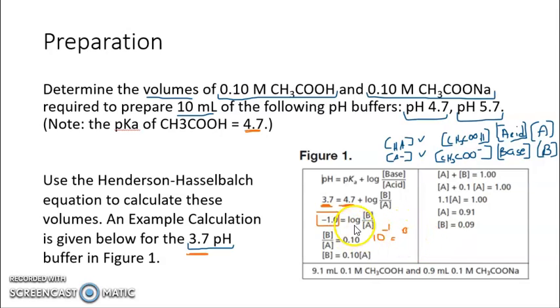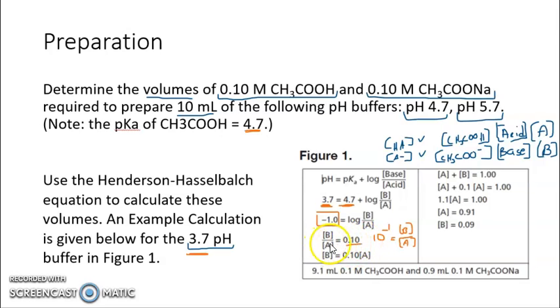the inverse log, so that gets rid of the log term, so concentration of the base over concentration of the acid. 10 raised to the power of minus 1 is 0.1. And then we can multiply both sides, so you get the 0.1 here.